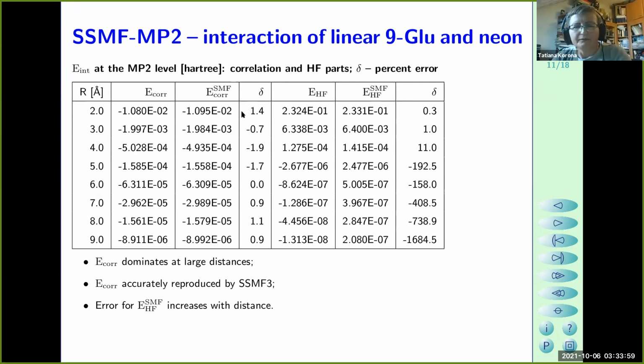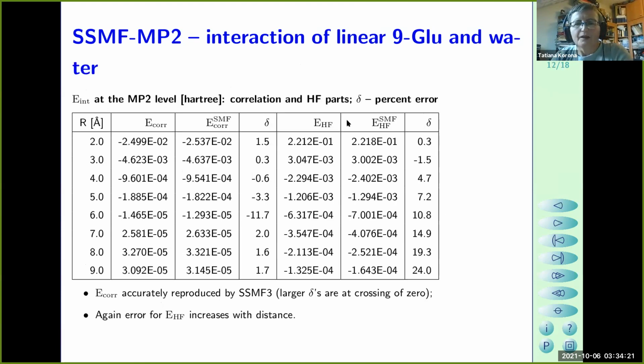One can see that these numbers are quite similar to each other, and the percent error is at most one or at most a couple of percent.